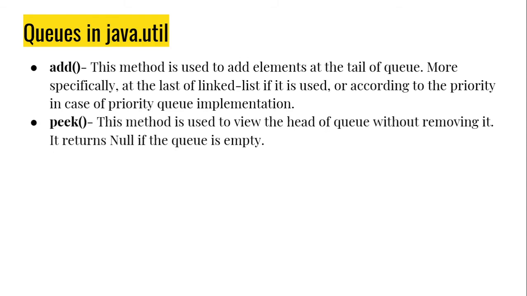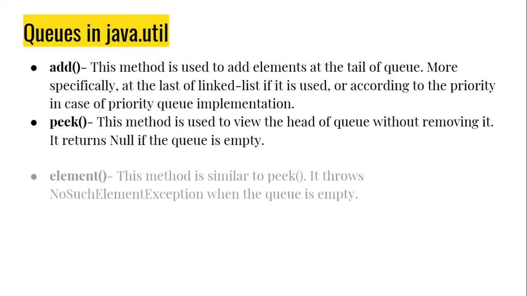We have the peek method. It will just return the current head of the queue, which is the current front element of the queue, and it will not remove the current head element. If the queue is empty, it will just return null.